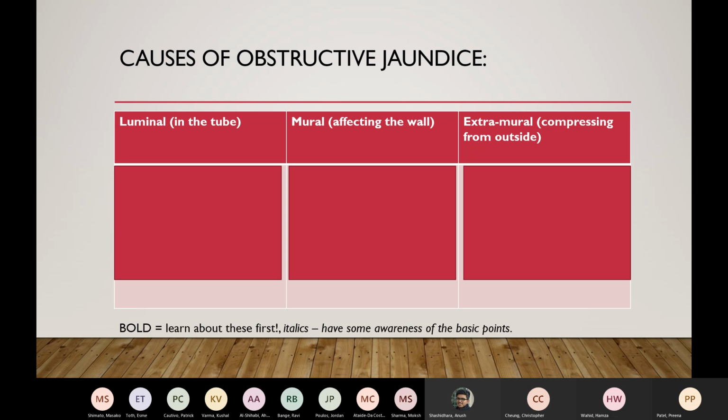And when you do enough PassMed, you'll realize that PassMed loves a triad for ascending cholangitis. Does anyone know what it's called? Okay, I guess we'll do it the other way around. Can anyone think what might be in that triad?